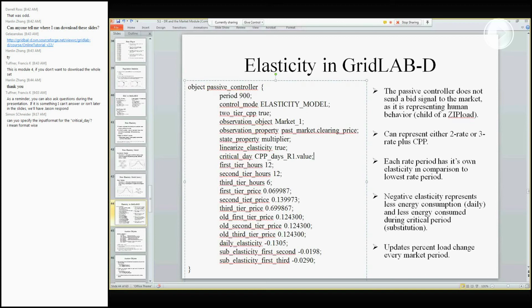The critical day is literally just a 0 or 1 and a timestamp. So in this case, this is coming through a player file that would literally look something along the lines of like this. Let me type it in here.